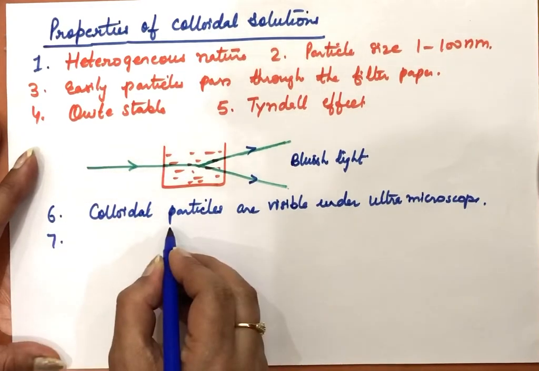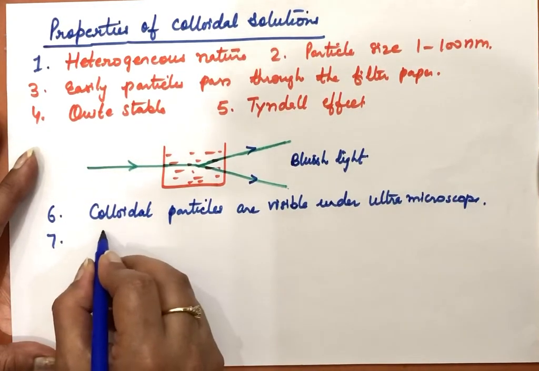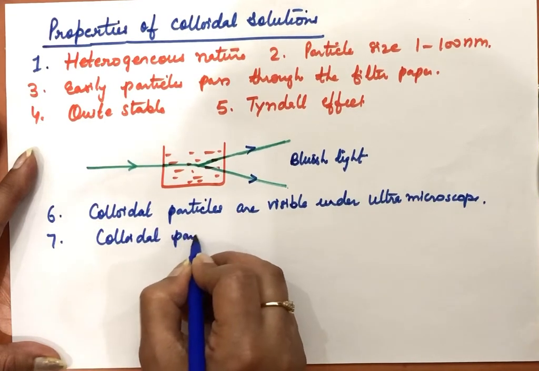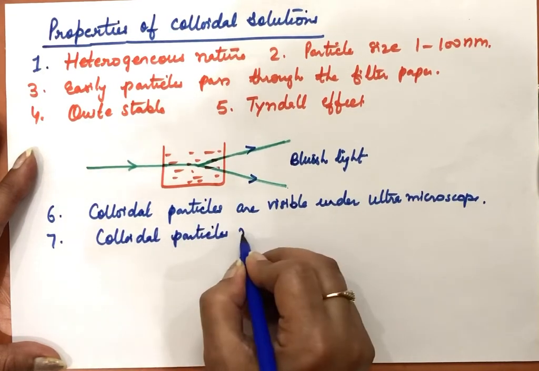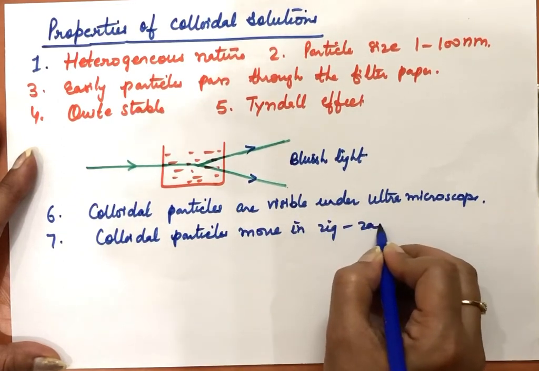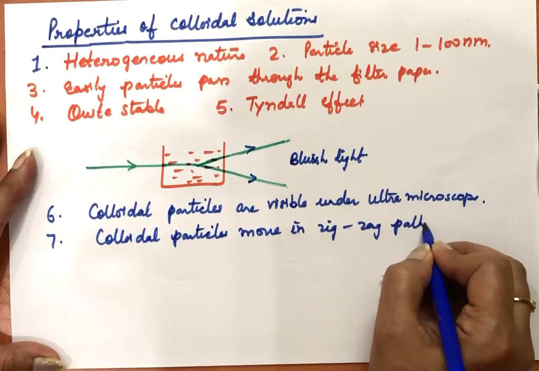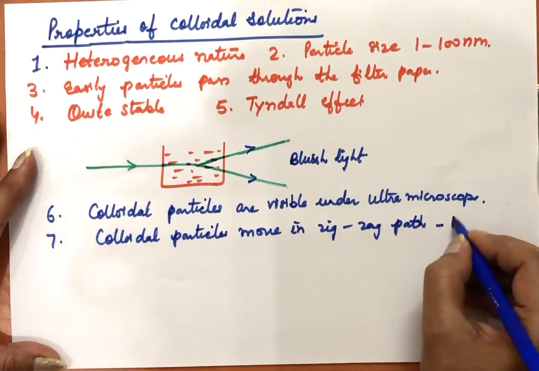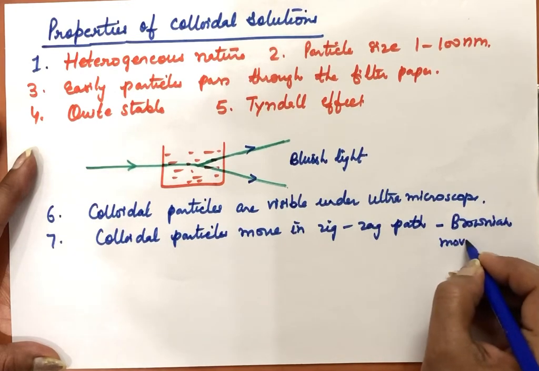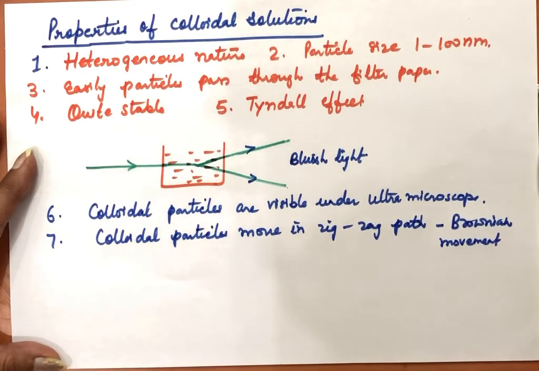And when we see these particles under a microscope, we find that they are moving in a zigzag way. These particles move in a zigzag path, and this is known as Brownian motion. The zigzag movement of these colloidal particles is called Brownian movement.